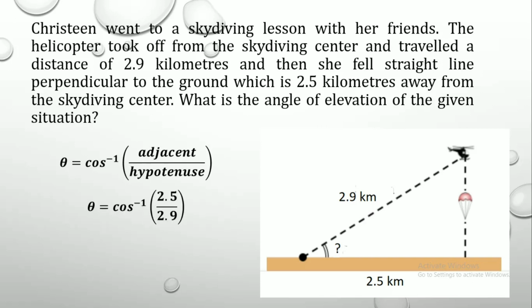Next, substitute the given values and then input it on a scientific calculator. After that, you will see the answer, just round it off, and the answer would be 30.45. So, the angle of elevation in this problem would be 30.45.